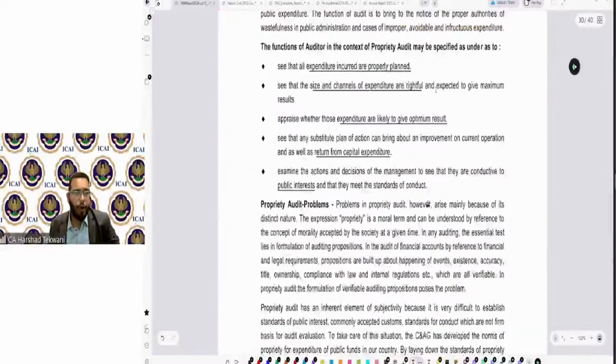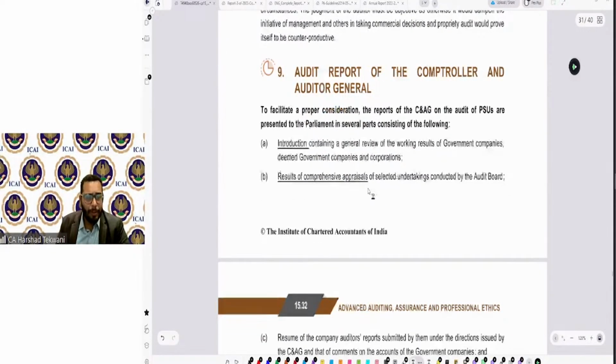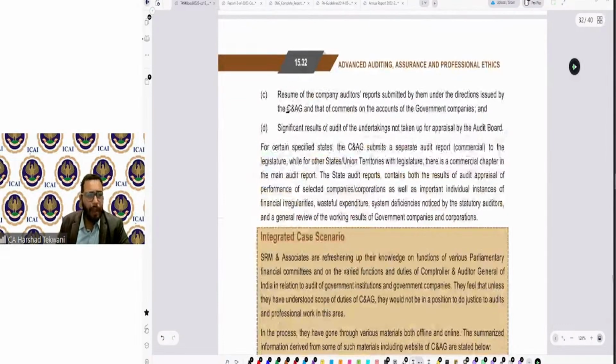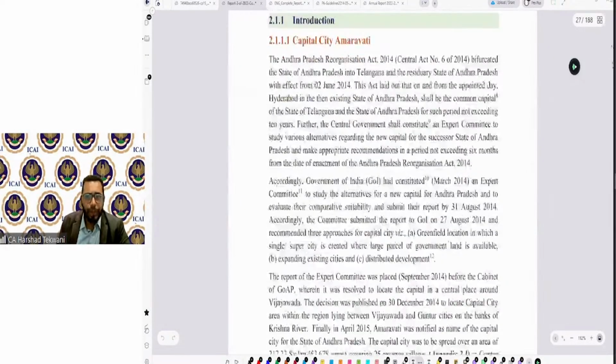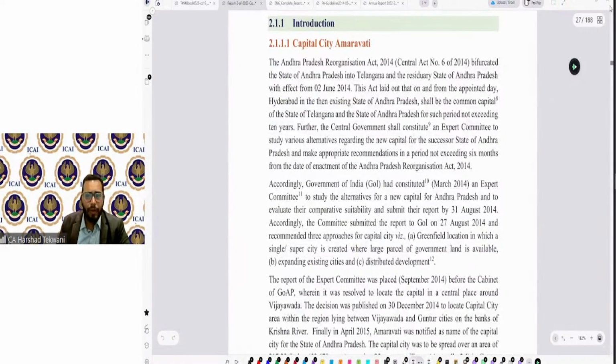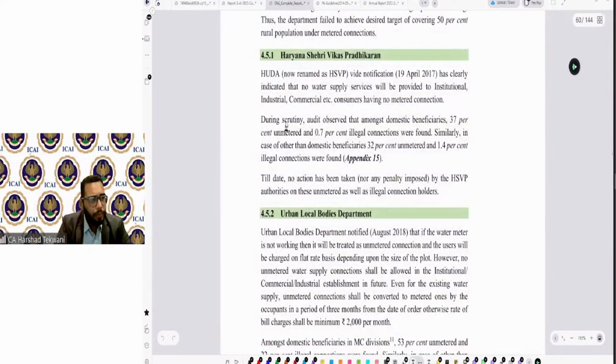Okay, the audit report of the CNAG. So just now we saw the audit report. Okay, that contains, I'll just show you quickly: introduction, result of comprehensive appraisals, resume of the company's auditor, and significant results. I'll show you how this report is there. So the report of CNAG basically talks about these areas. For example, this is one particular report.